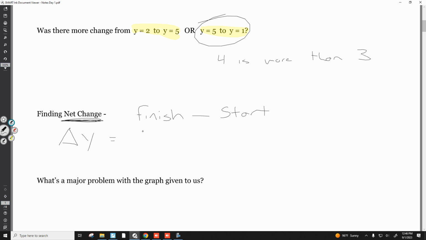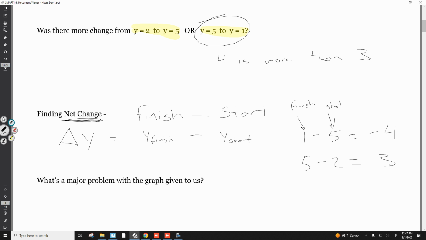I took my y that I finished with, and I subtract the y that I started with, and this is how I got 1 minus 5 is negative 4. I finished at 1, but I'm starting at 5. I got negative 4. This is how I go 5 minus 2 is positive 3. I finished at 5. I started at 2. I got positive 3. Subtracting values gives you change.